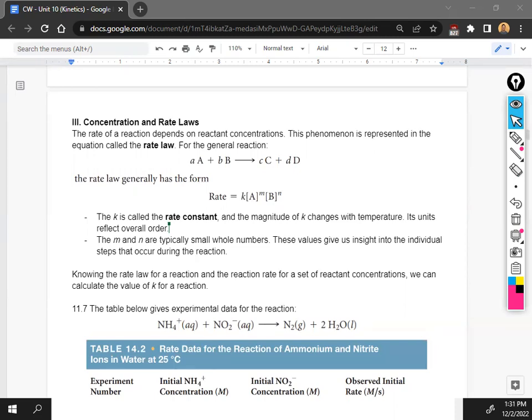Okay. So rate laws. Now I want you guys to write this general reaction right here. The lowercase a, capital A. I want you guys to copy it down, because this is what we're going to be referring to to write our rate laws. We are writing rate laws.